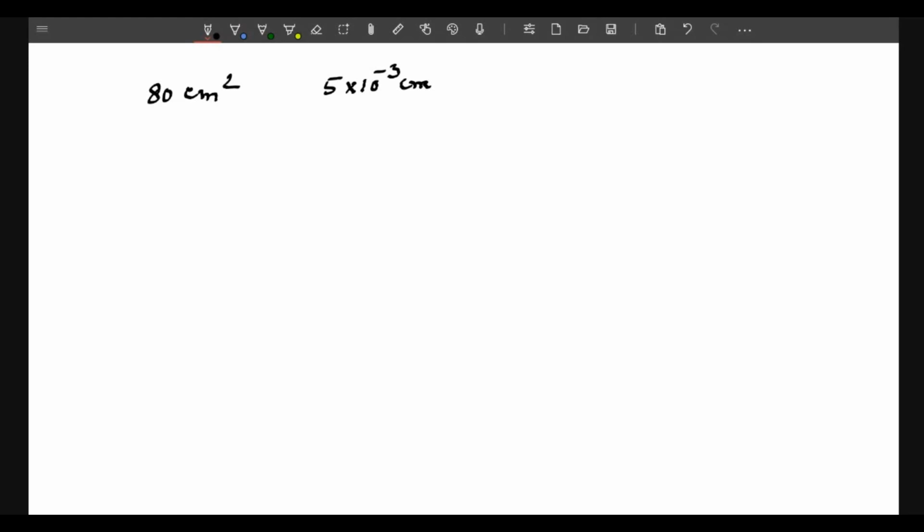Within bracket, density of silver is 1.05 gram per cc.